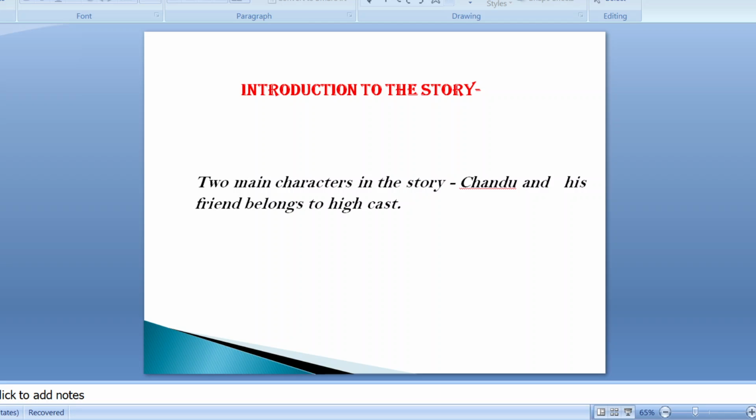One is Chandu and the second is his friend, who belongs to the high caste. It is not clear, but perhaps he is a writer himself. The chief protagonist of this story is Chandu. He is a barber's boy.